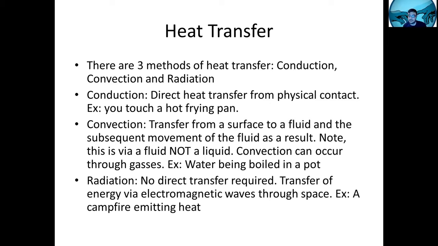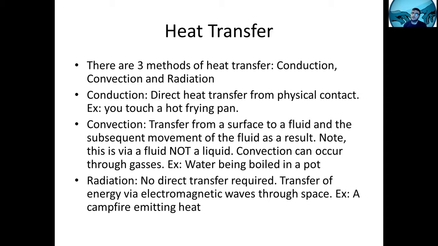And then lastly is radiation, which is no direct transfer required. It transfers thermal energy via electromagnetic waves through space. For example, a campfire just emits heat. You don't need to touch the fire. You don't need any kind of fluid necessarily, although the fireplace will also heat the air around it because air is a fluid.